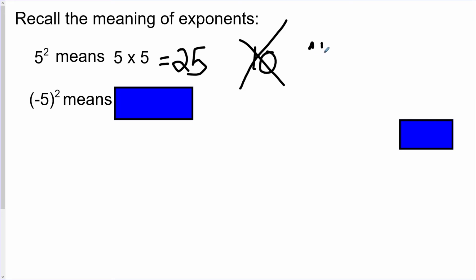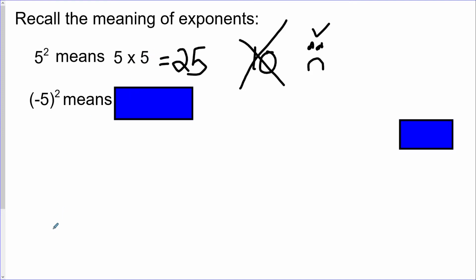We're just going to put a really sad looking frowny face on that one, maybe some angry eyebrows. Not 10. So you don't just do 5 times 2. You do 5 times 5. The 2 is telling you how many 5s you're multiplying together.